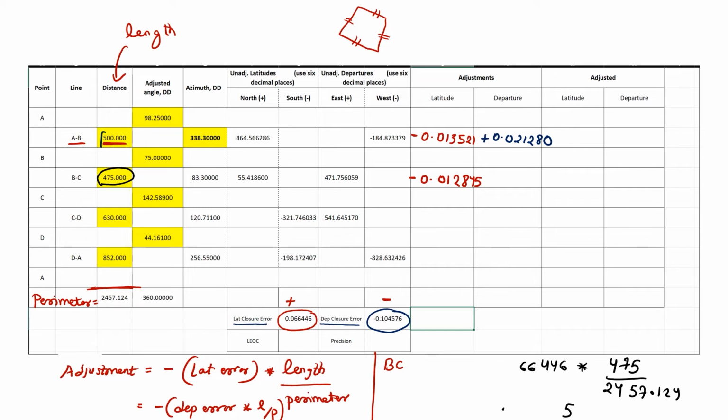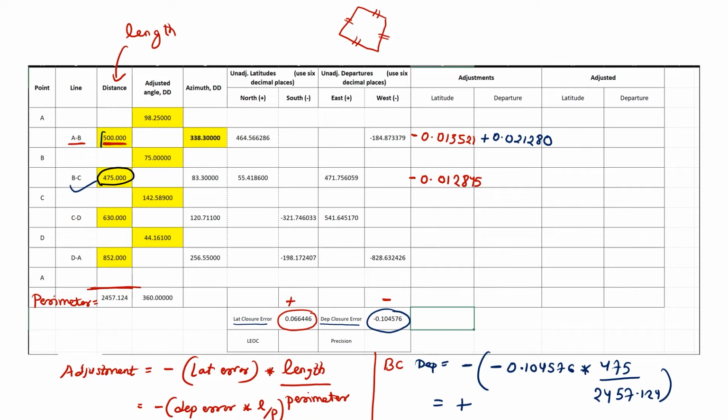So let's do the departure adjustment for BC. So for departure, it would be negative, right? Negative of negative 0.104576 times the length 475 divided by perimeter, that is 2457.124. So if I solve this, negative times negative gives you positive, right?